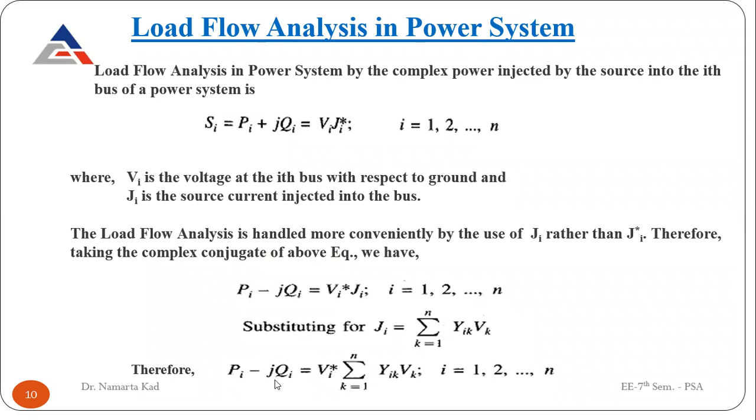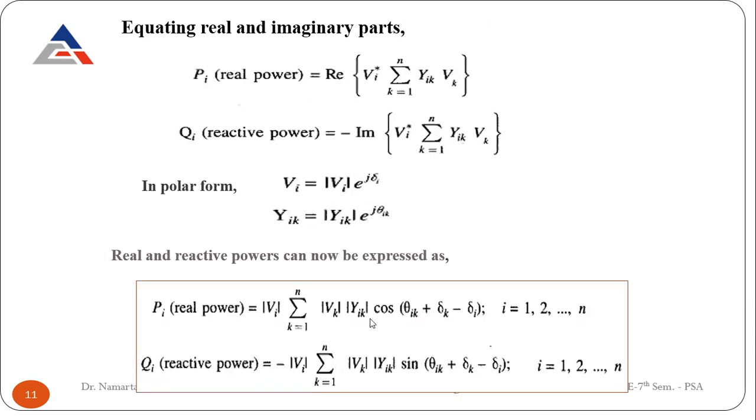But in the form of cos or sine, you can write them as cos of theta plus J sine of theta. We know that for the real part, the terms come out to be the cosine terms, and for the imaginary part, the sine terms. So it can be written as Vk, Yik, the magnitudes of both, cos of theta Ik plus the voltage angles, delta K minus delta I.